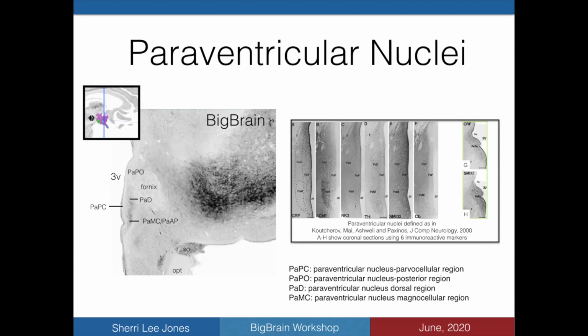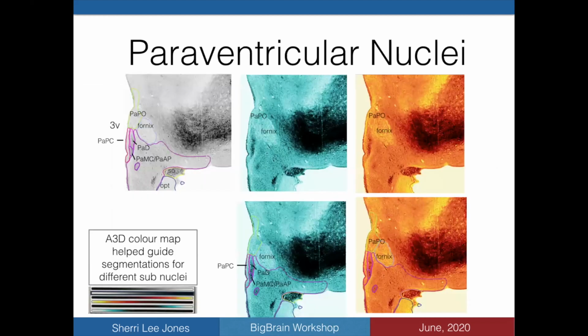On the right, we have the histological publication by Kucherov that demarcates the different regions based on different immunoreactive markers. In A3D, there's a color map feature, and that really helped with the visualization to see the different substructures of the PVN, and you can see the resulting segmentations drawn in different colors here on the left.